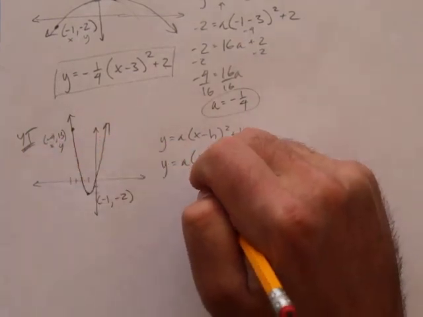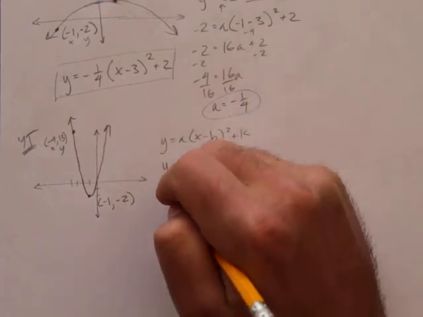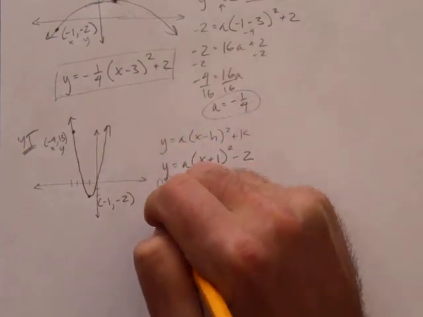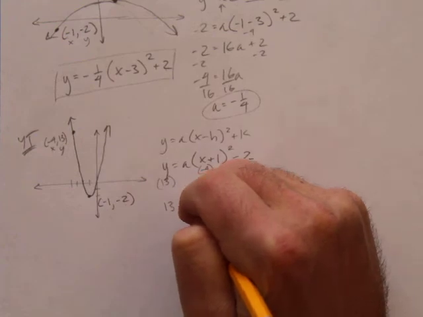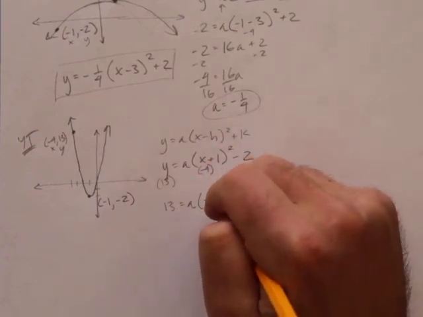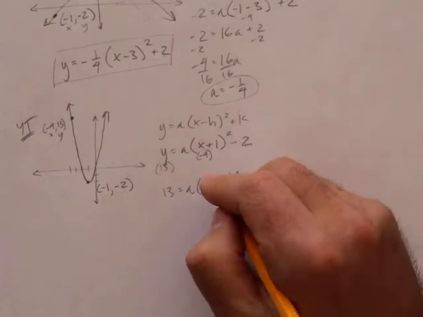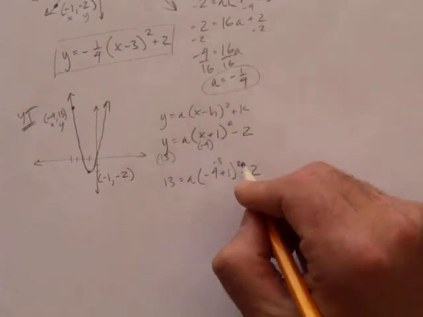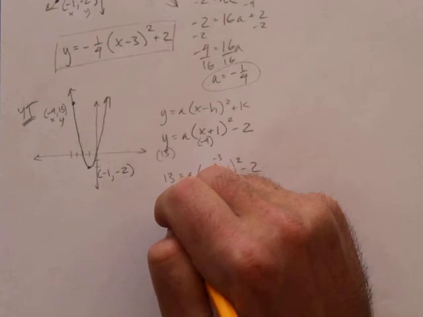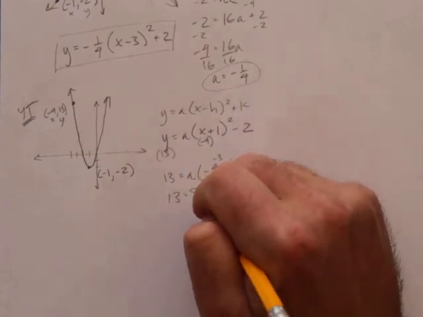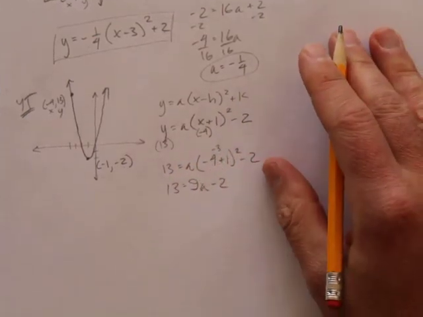So I'm going to get -4 for x and 13 for y. Let's just write those out. 13 equals a times (negative 4 plus 1) squared minus 2. Negative 4 plus 1 is negative 3. Negative 3 squared is 9. 13 equals 9a minus 2.